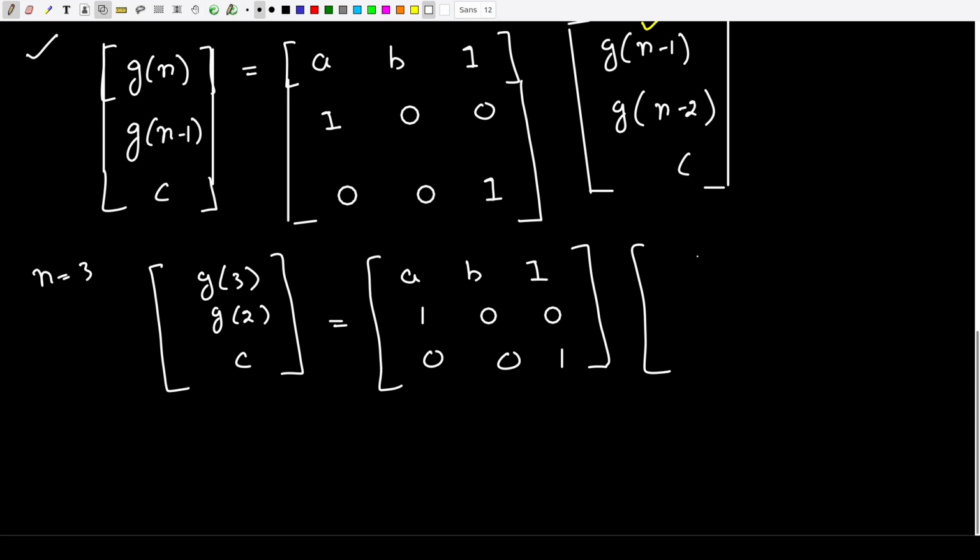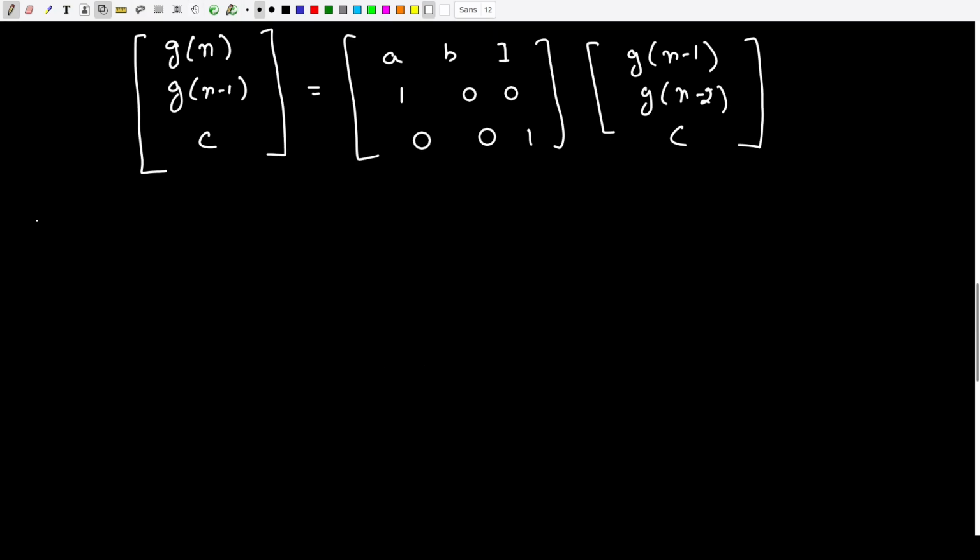So remember n is equal to 3, so this will be G2, this will be G1 and this will be C. After putting n is equal to 3, the equation got transformed into this, and let us call this equation 1.